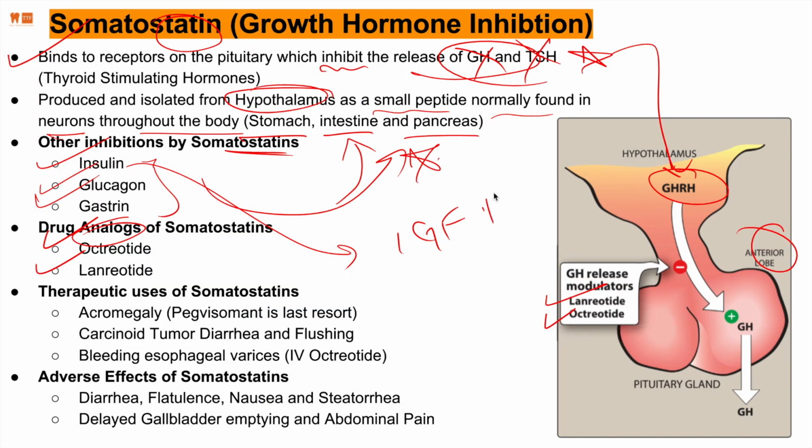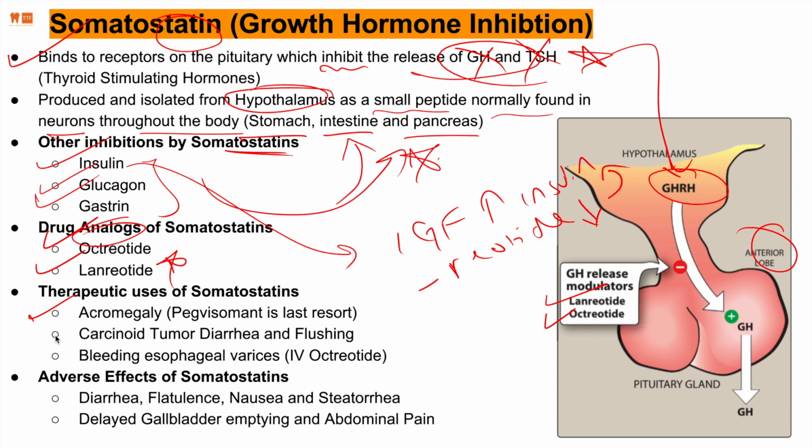It used to increase insulin activity. Somatostatins, these reotides we keep talking about, will decrease insulin activity. Okay? Therapeutic uses of statins in acromegaly to reduce the growth. And then, of course, just a little fun fact here, the pegvisomant is the last resort for statins use. So far, we're just going to focus on these two drugs.